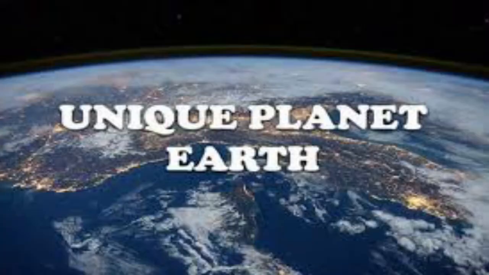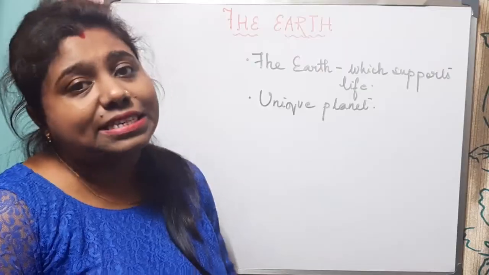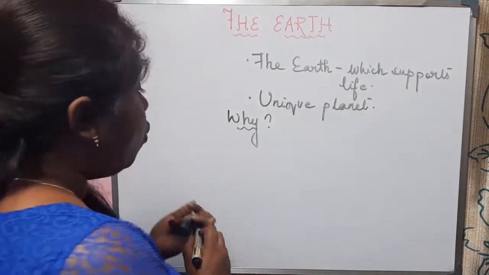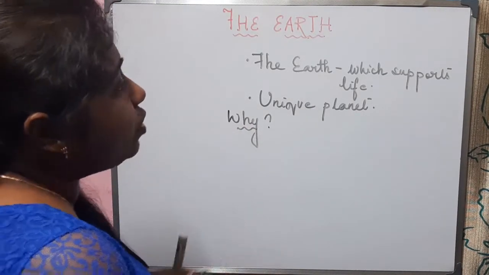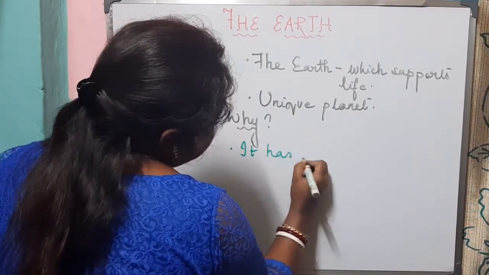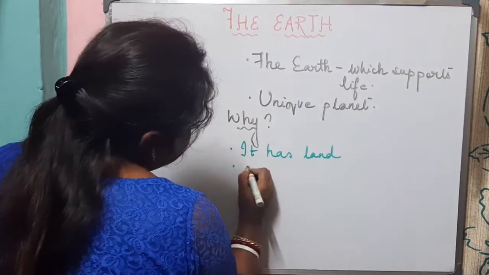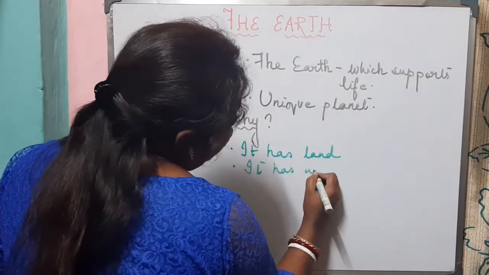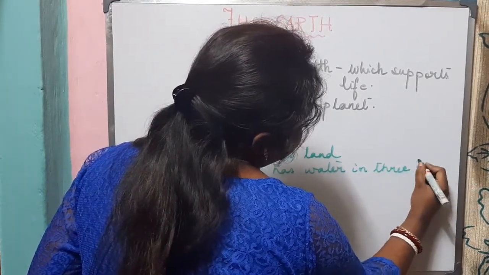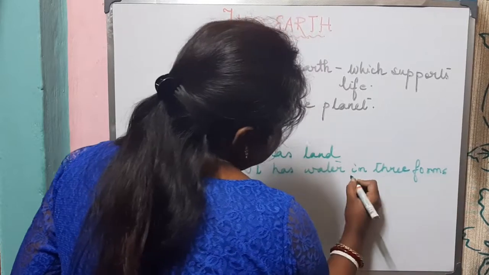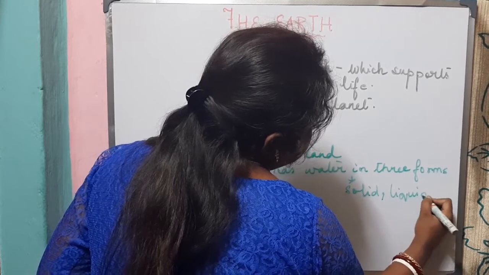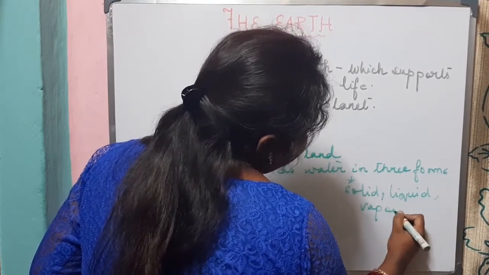Now the question arises, why does life only exist on Earth? So let us find the answer to this question. Why is life found only on the planet Earth? Because it has land, it has water in 3 forms, that is solid, liquid, and also vapor form.